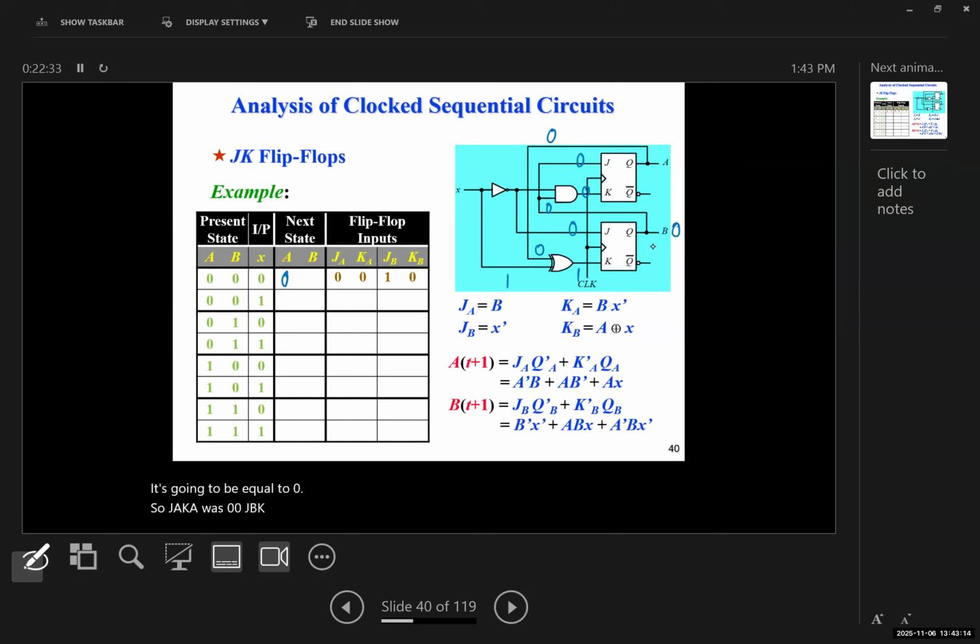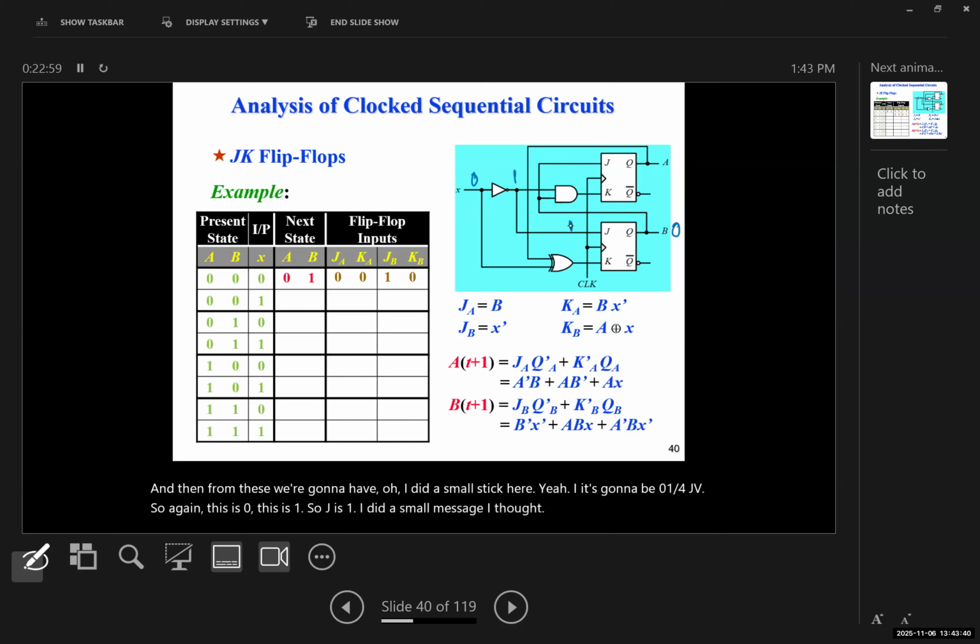Oh, I made a small mistake here. I thought X was 0, 1, and then becomes 0. So this is 0, this is 1, so J is 1. If this is 0 and A is 0, this gives us also 0. So it's 1, 0, not 0, 1. And when it's 1, 0, it's set. And when it's set, the output would be 1. Okay.